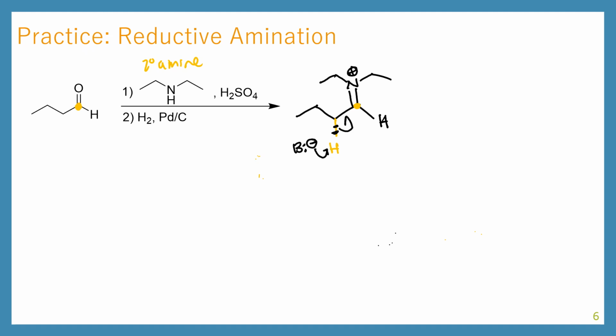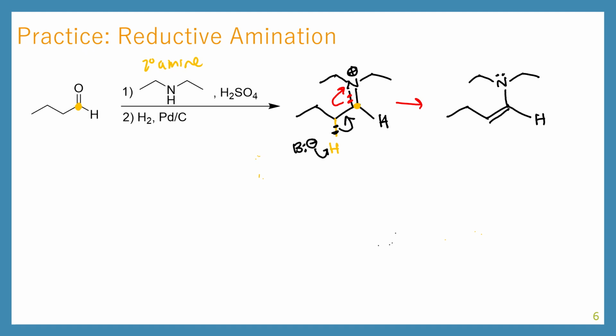That's going to make a double bond here. And that is going to break this double bond and give those electrons to the nitrogen. So my product after step 1 is an enamine that looks like this.